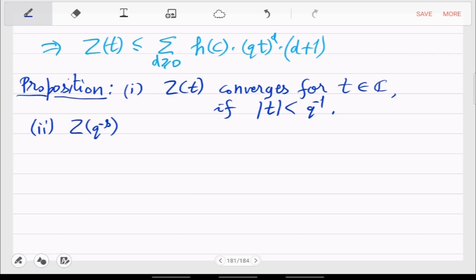So when you put q raised to minus s, for what s will this converge? Now you have to look at basically q raised to 1 minus s.